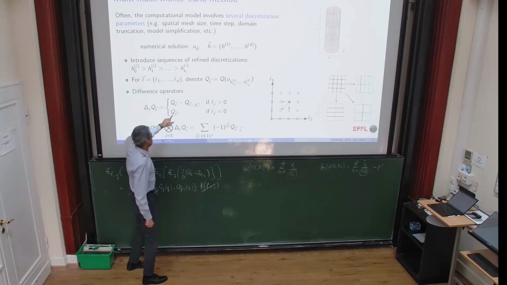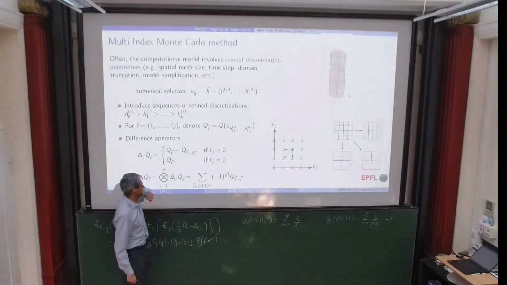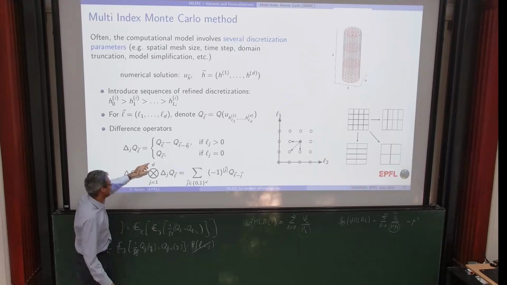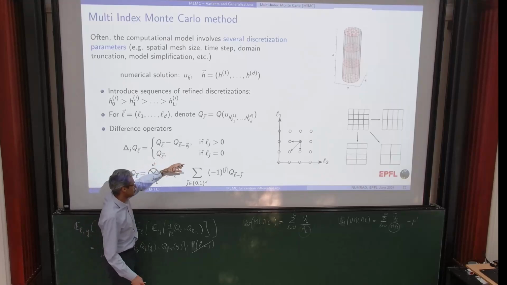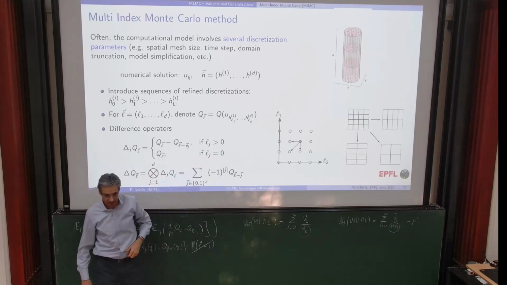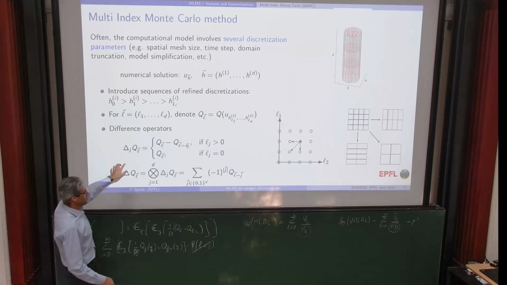And of course, if I am on the boundary, there is no difference, so it's just the value on the boundary. So whenever L_j is equal to 0, it's just the value. But again, I could write it as a difference with the usual notation that if this is -1, then by default it is 0. Okay, so that's a single difference.